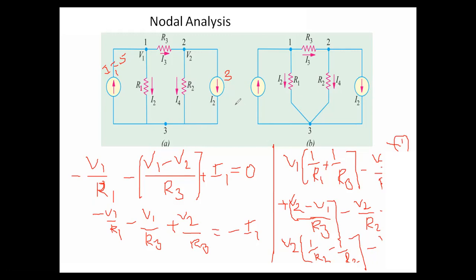By using star to delta and delta to star, we can find the equivalent resistance. Whereas by using mesh analysis, application of KVL, we will find the currents. By using nodal analysis, we will find the voltages. So like this, you can use the networks for finding currents and voltages.